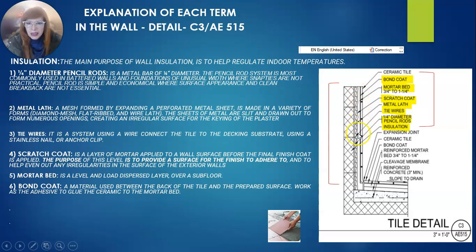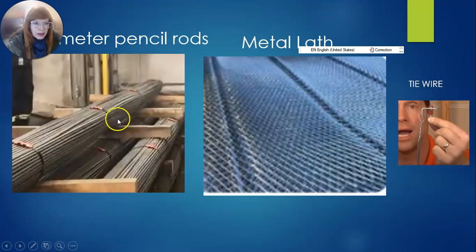In this case, you see that it is here, this is the 1/4 diameter pencil rods that is placed here to reinforce the metal lath in the mortar bed. Okay, then I will show you this is the 1/4 inch diameter pencil rods. Okay, it's a bar.